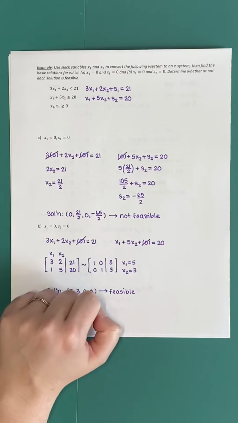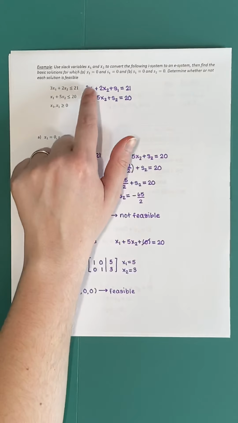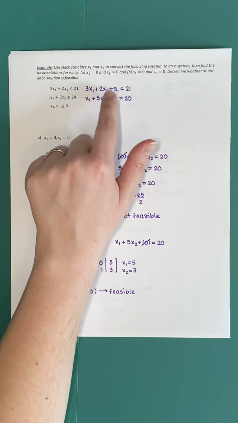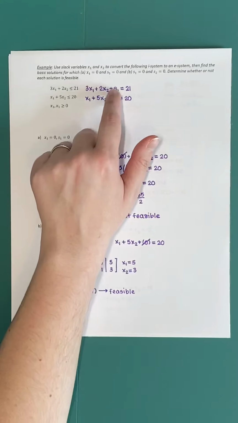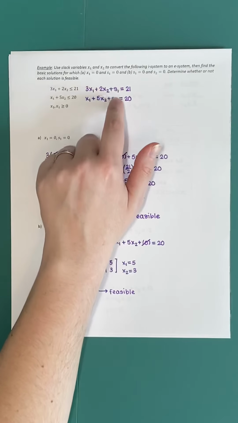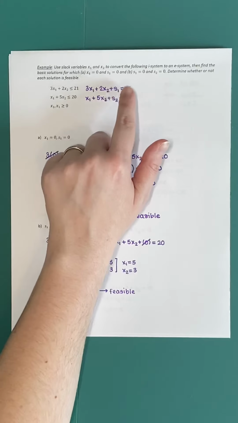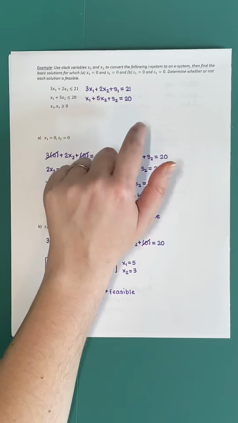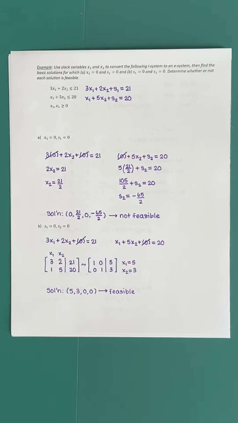What that means from a practical standpoint is that we're using all of our resources and we're letting the slack be 0. So if slack is 0, it just means we're using up all 21 and all 20 of our 2 respective resources, be they hours or actual physical resources. So same idea as before. I'm going to substitute these values into my equations, and then I'm going to go from there and solve for whatever's left over.